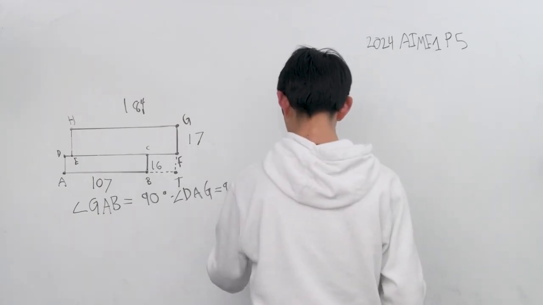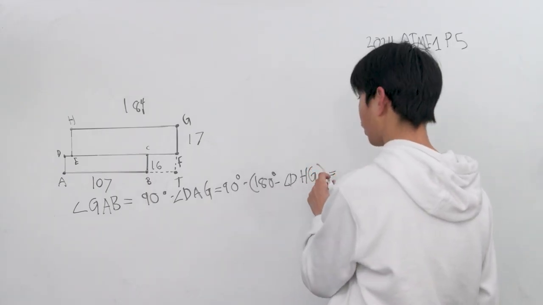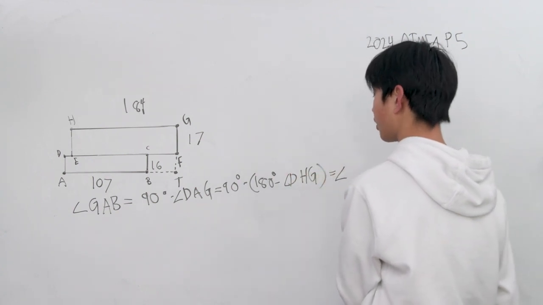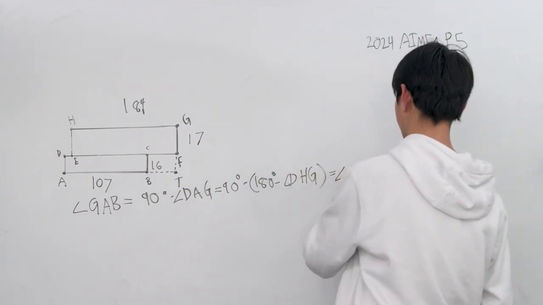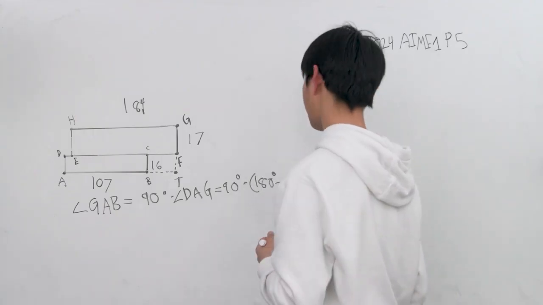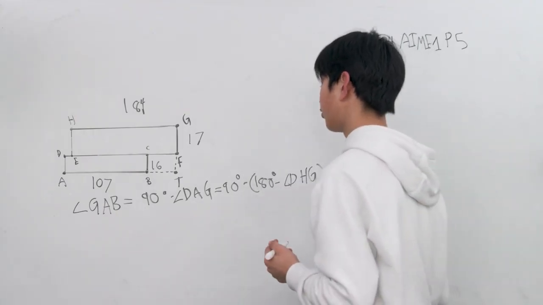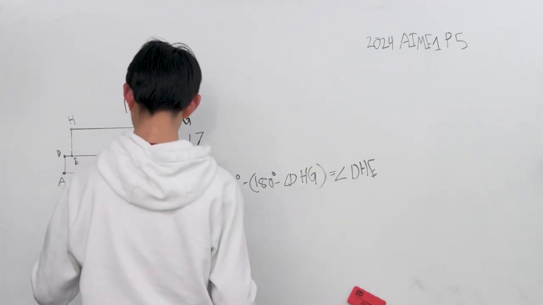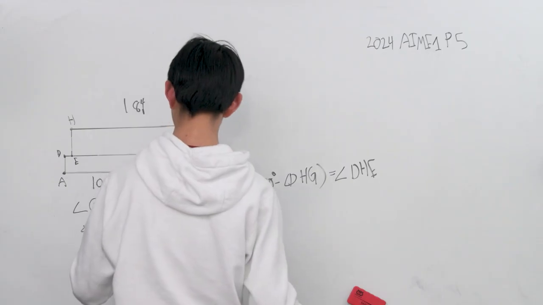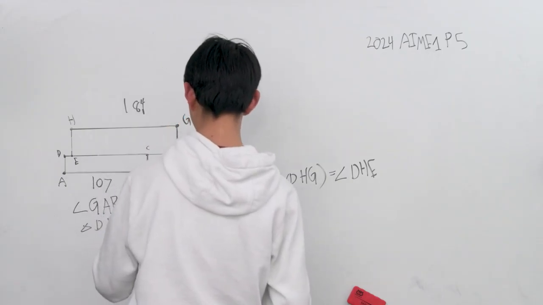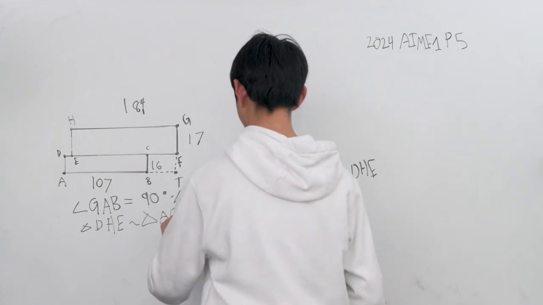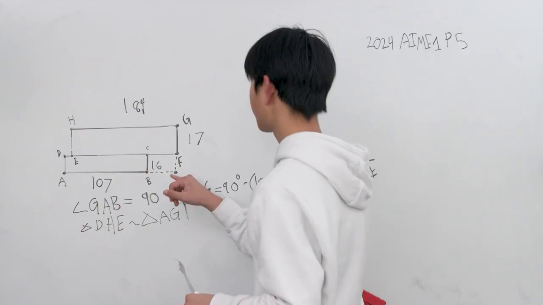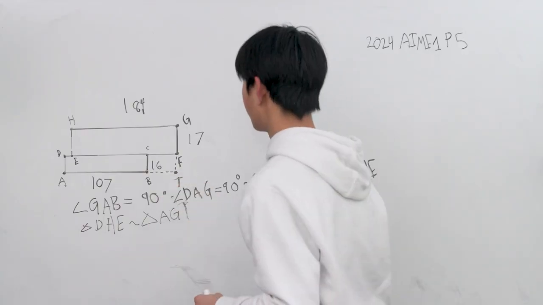So this angle GAB is equal to angle DHE. Thus, we know that triangle DHE is similar to the big triangle AGT, where T is, if you keep drawing the segment FG down and AB this way, the intersection of those.